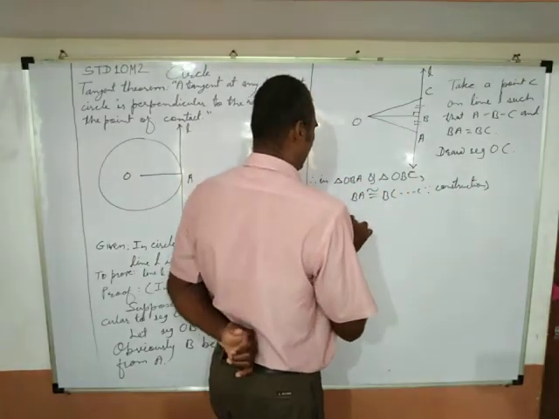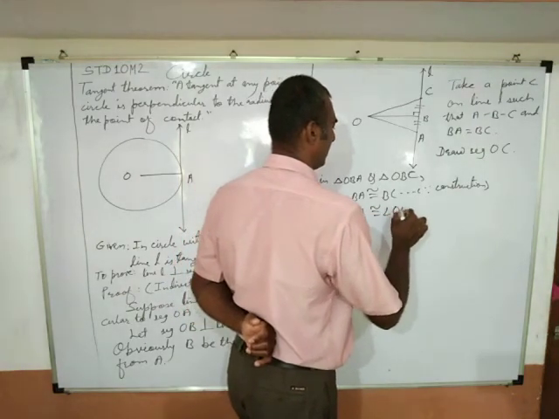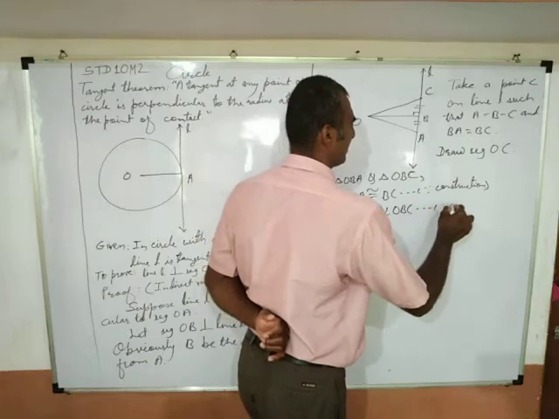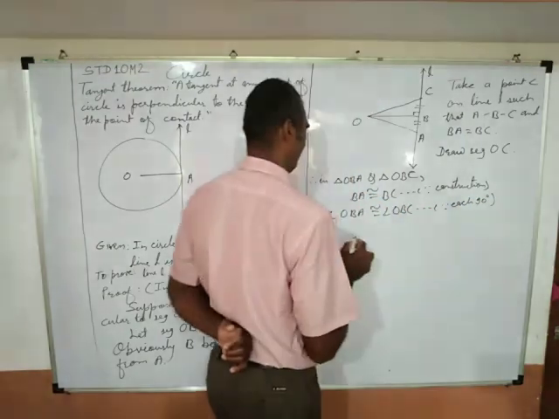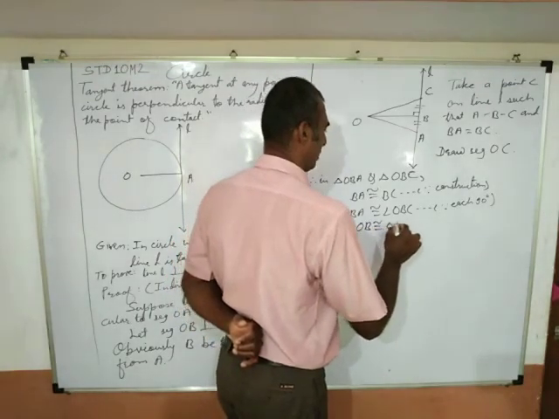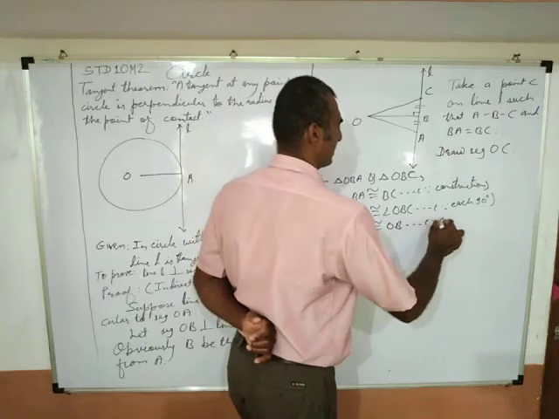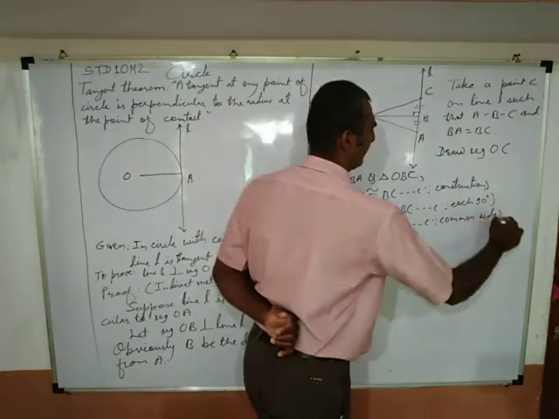Angle OBA is congruent to angle OBC, since each is 90 degrees. OB is congruent to OB, since it is a common side.